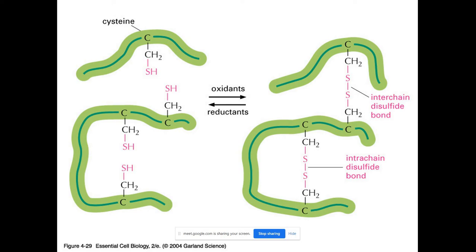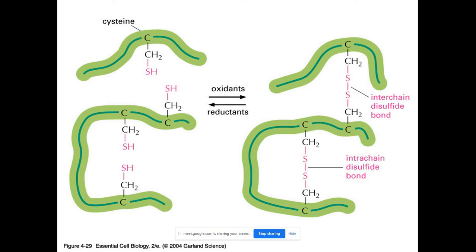And there may be an intrachain disulfide bond. In the bottom panel you can see the intrachain disulfide bond, which is a disulfide bond within a single polypeptide chain. Internal cysteine residues are interacting with each other and making the disulfide bond.